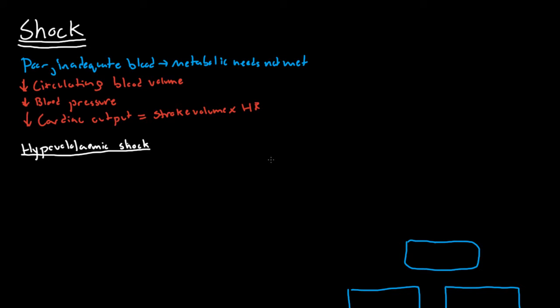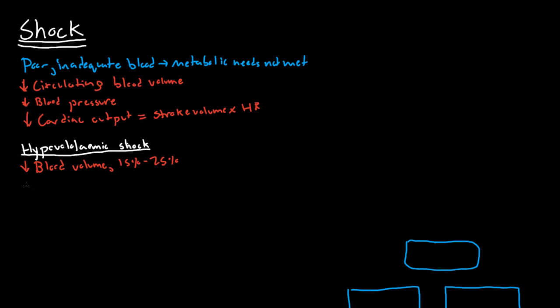Now, hypovolemic shock basically occurs when there's a decrease in blood volume by 15 to 20%. And we can see that here in our original definition of shock. So, decrease in blood volume by 15 to 25%.